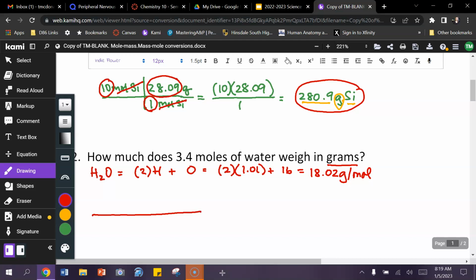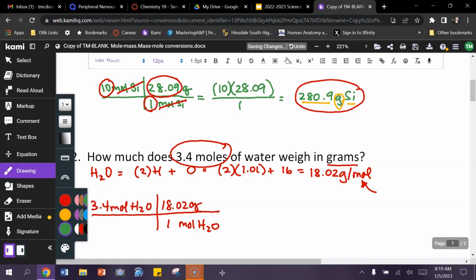Draw your dimensional analysis table. Write what you're given on the top, 3.4 moles of water. Draw your vertical line. Demote moles of water to the bottom. We already know that 1 mole of water is equal to 18.02 grams of water. Cross out the units that are on the top and the bottom, and we're going to multiply the numbers across the top.